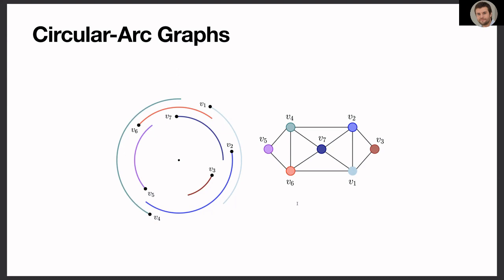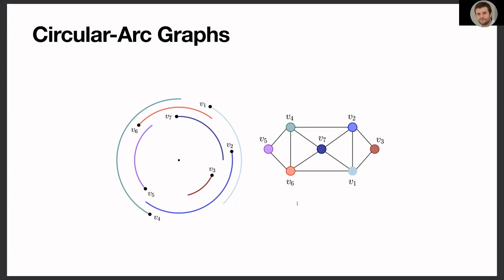It's interesting also because this is not a subclass of chordal graphs. It's quite a different class, but it is also known because many hard problems can be solved quickly, at least in the centralized setting, when the input graph is circular arc.